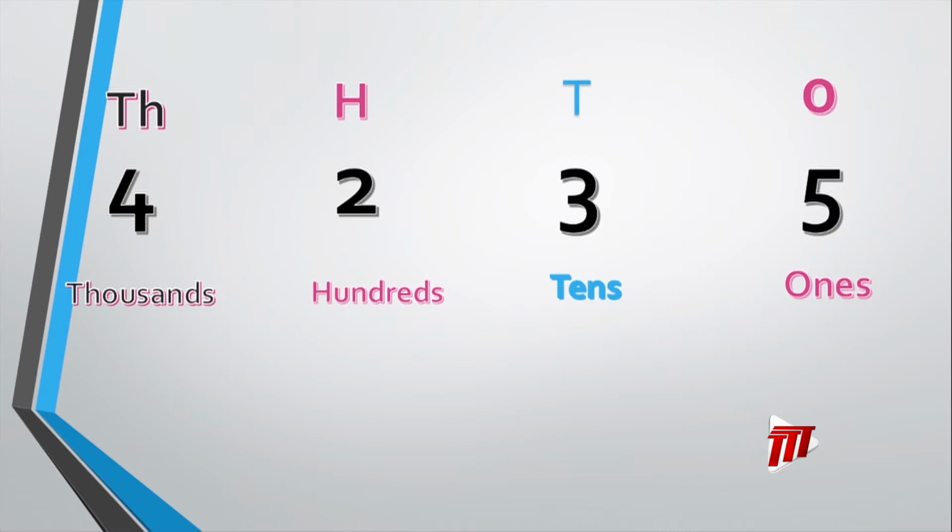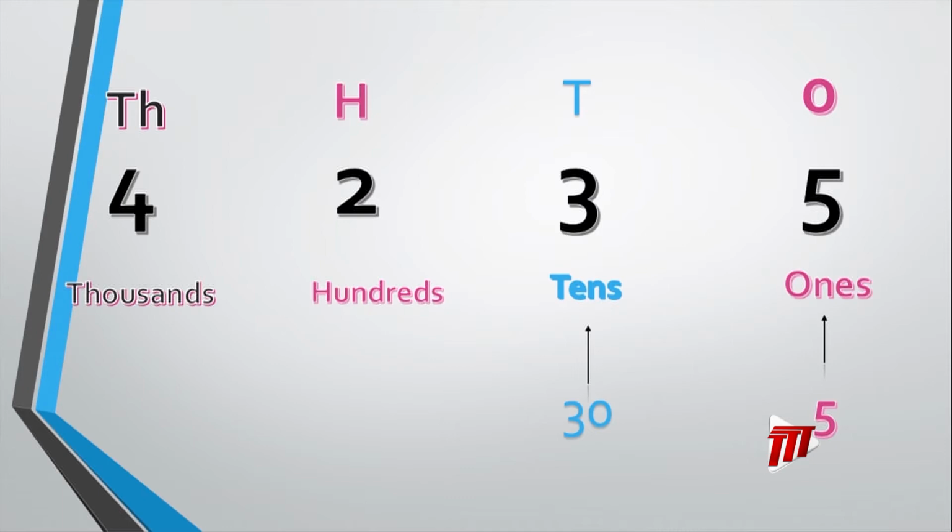So the 5, which will be the first number we're dealing with, is in the ones place. So it's 5 ones, and that 5 ones will be 5. Simple. 1, 2, 3, 4, 5. The 3 in the tens place carries the value of 3 tens, and we spoke about it before. That would be 30. So we have 2 more to work out now.